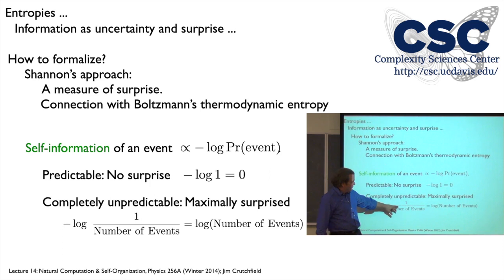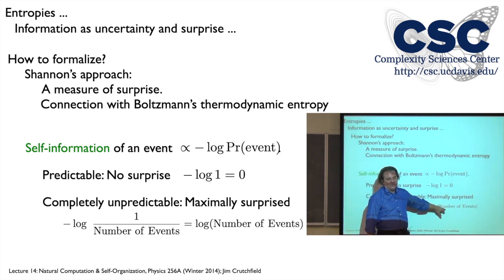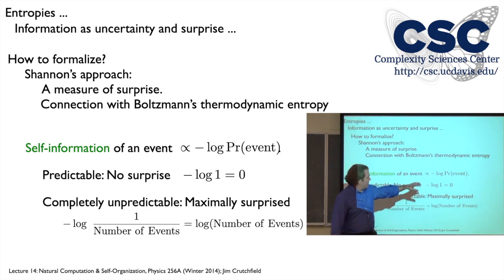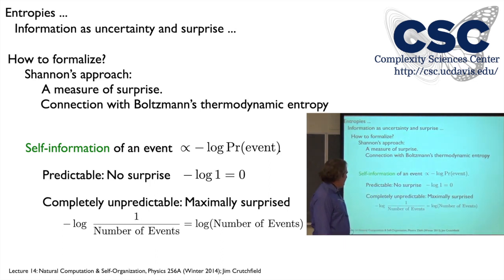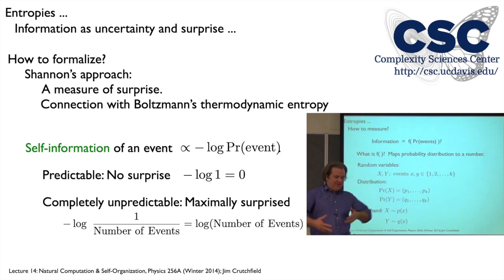So minus log of that is just the log of the number of events. This turns out to be the maximum possible value that this proposed measure can take. That's the motivation. He goes on to add some more axioms, and we'll talk about those. But that was the intuition, these two extremes, and it kind of works. It should be 0 when things are predictable, and maximal when completely unpredictable.